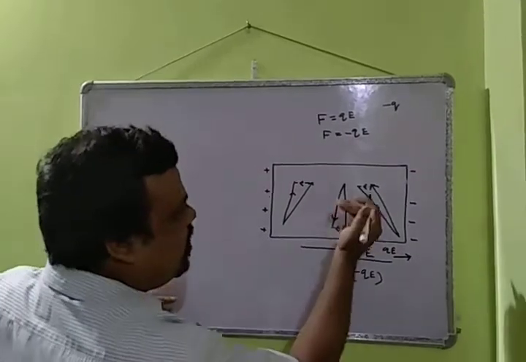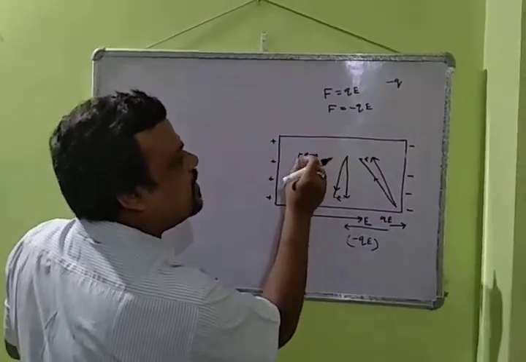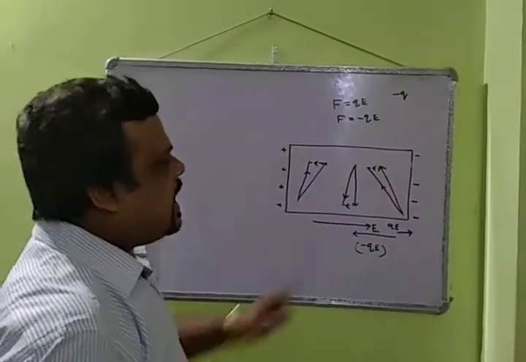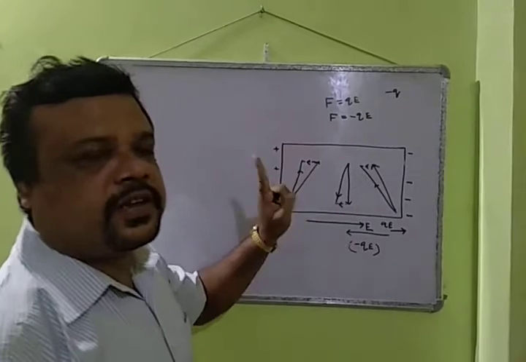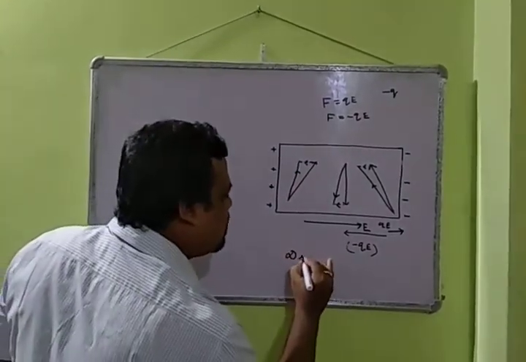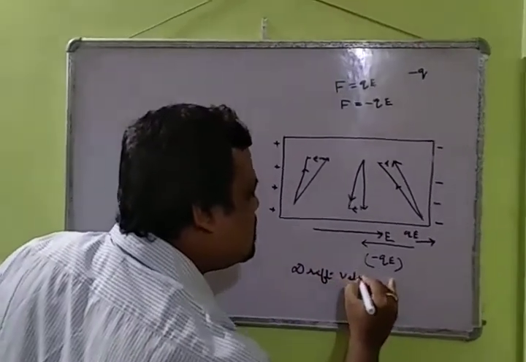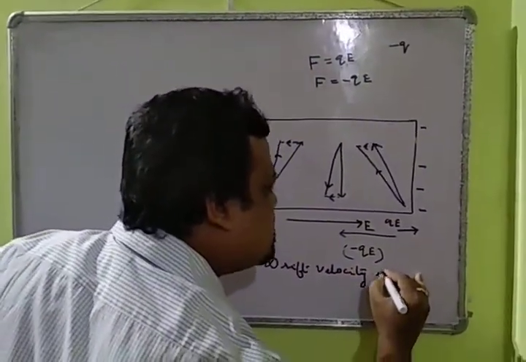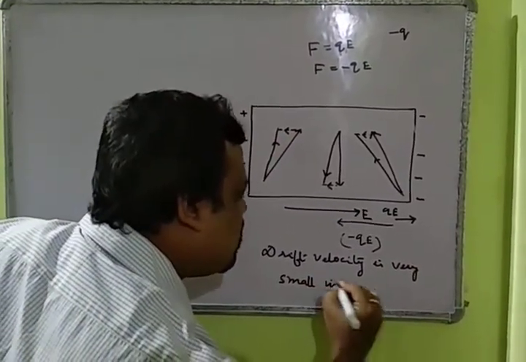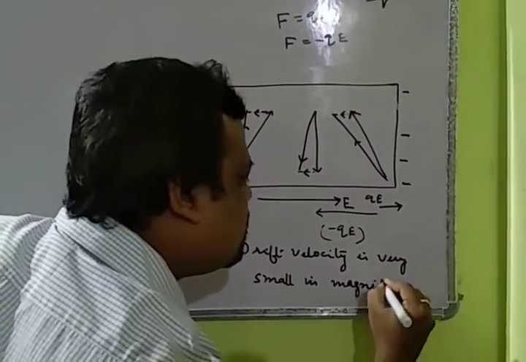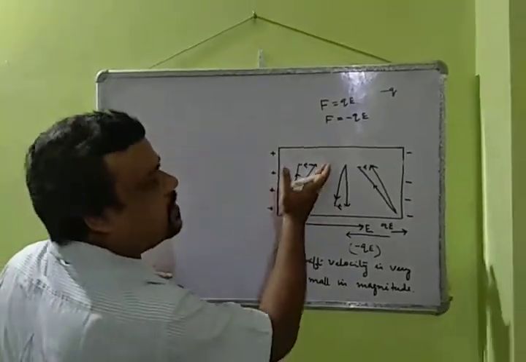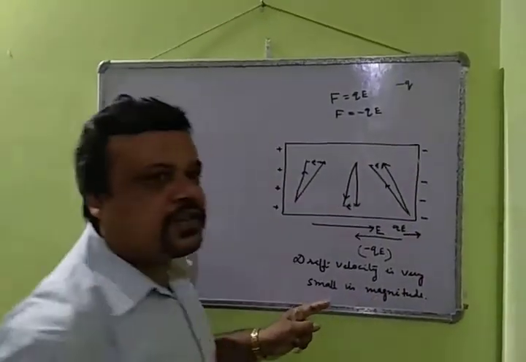This drifting component of velocity for a whole number of crores of electrons as a whole is known as drift velocity. Remember, drift velocity is very small in magnitude. The magnitude of thermal velocity is much higher compared to drift velocity.